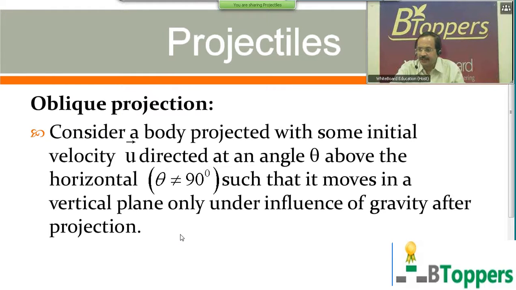Those who want to copy the notes can take a pause and copy. This can also be taken as the definition of projectile motion. A body projected with some initial velocity u bar at some angle theta above the horizontal, such that it moves only under the influence of gravity in the vertical plane, can be called a projectile.